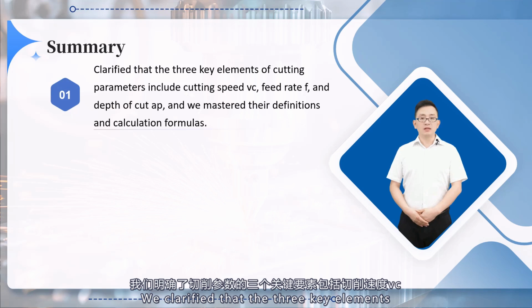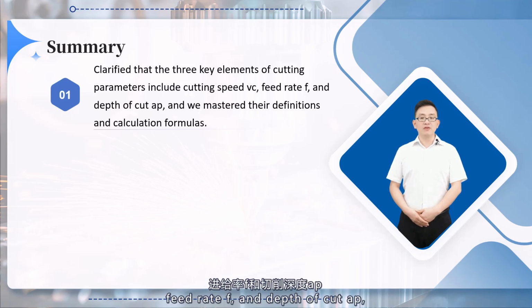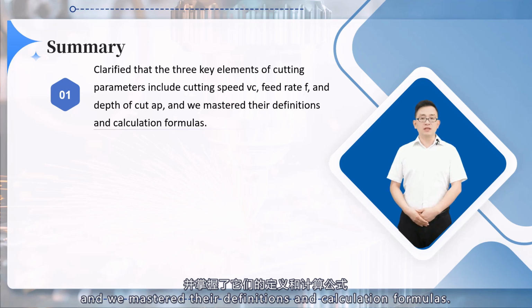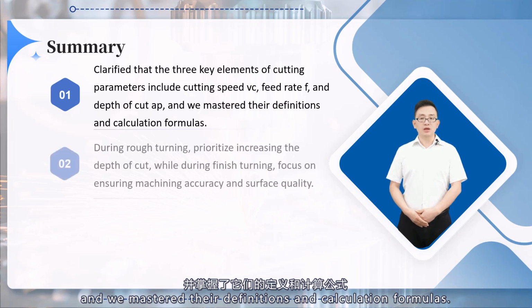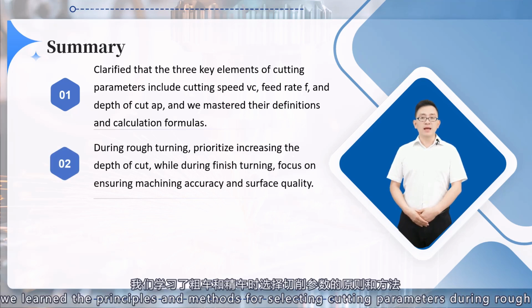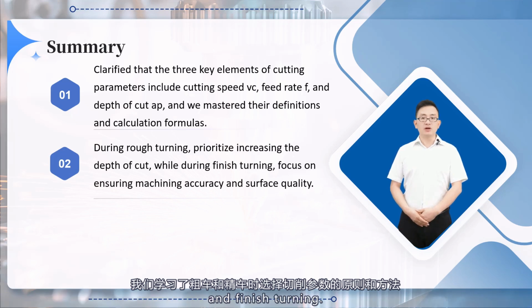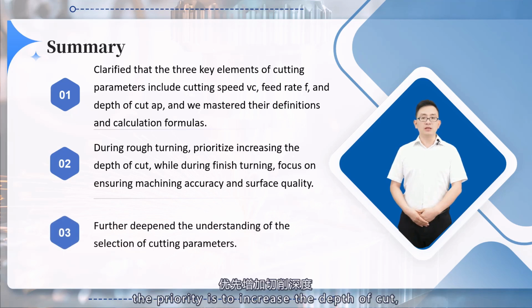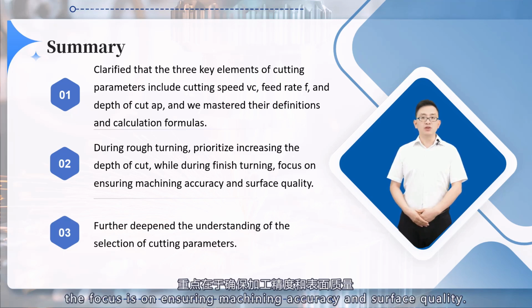We clarify that the three key elements of cutting parameters include cutting speed vc, feed rate f, and depth of cut ap, and we master their definitions and calculation formulas. In terms of typical scenarios, we learn the principles and methods for selecting cutting parameters during rough and finish turning. During rough turning, the priority is to increase the depth of cut, while in finish turning, the focus is on ensuring machining accuracy and surface quality.